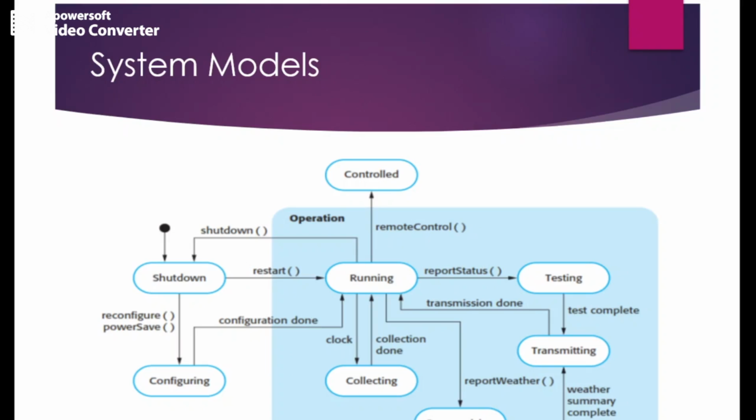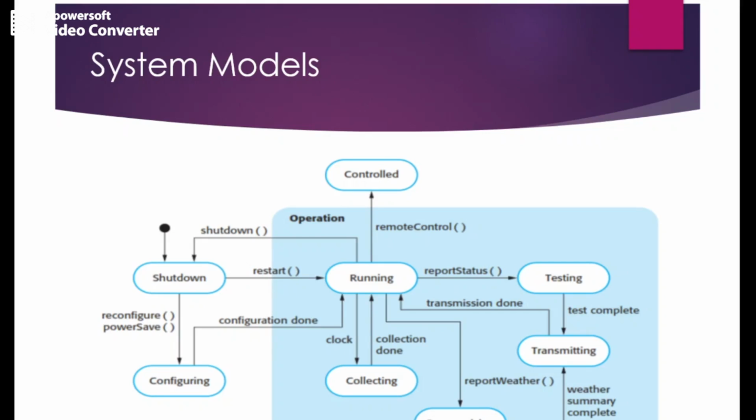So how are you representing the states? With rounded rectangles. Okay. And what is this? Shutdown, restart, configuration done. These are the messages or the events, which mainly trigger your system to change its state.